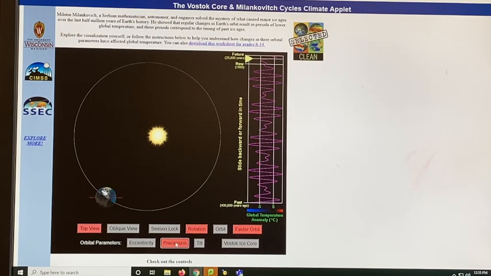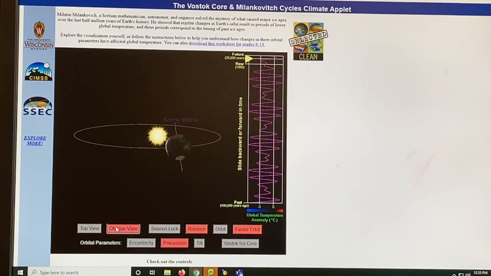Notice over a long period of time, normally the Earth's axis is always pointing in one direction. It's always pointed towards the North Star. But over a period of about 26,000 years, the axis actually points somewhere else.